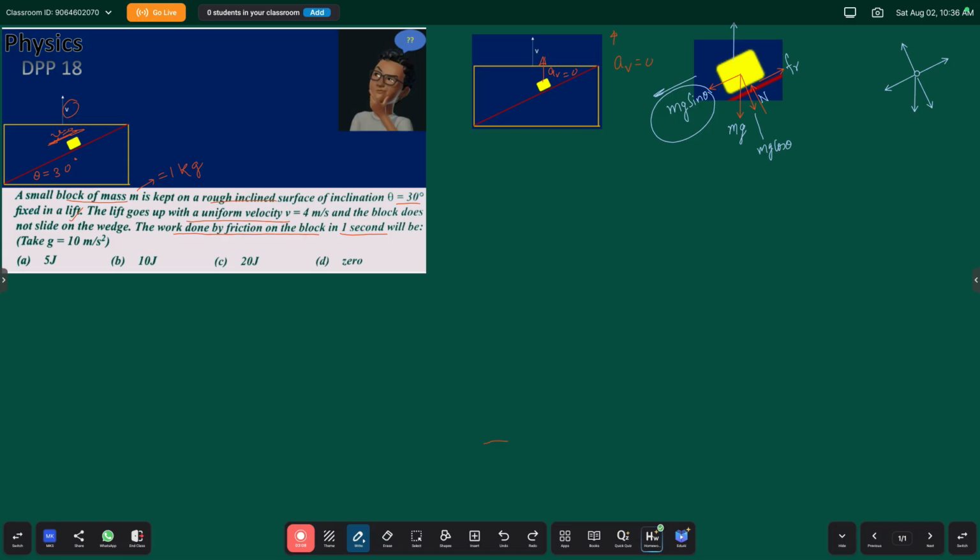As we know from the friction concept, the friction force acts opposite to the tendency of motion of the surface of contact. The surface of contact for the block is this, so the friction force will act in this direction. So we have transferred all the forces, showing the block as a particle in this diagram.